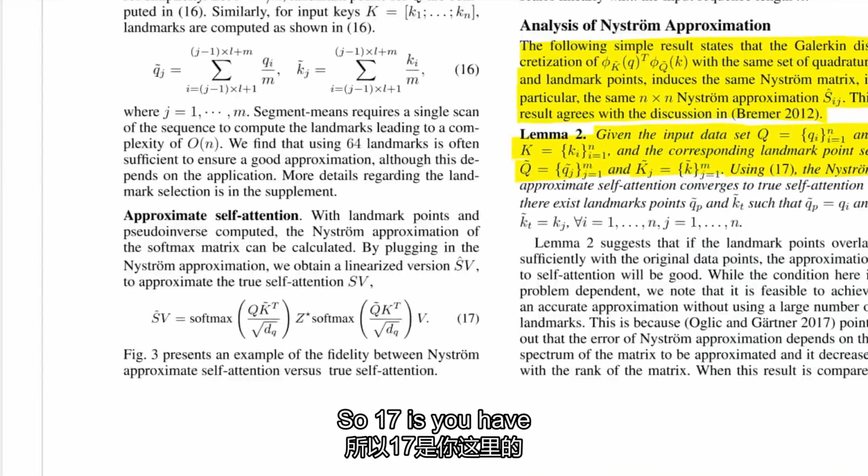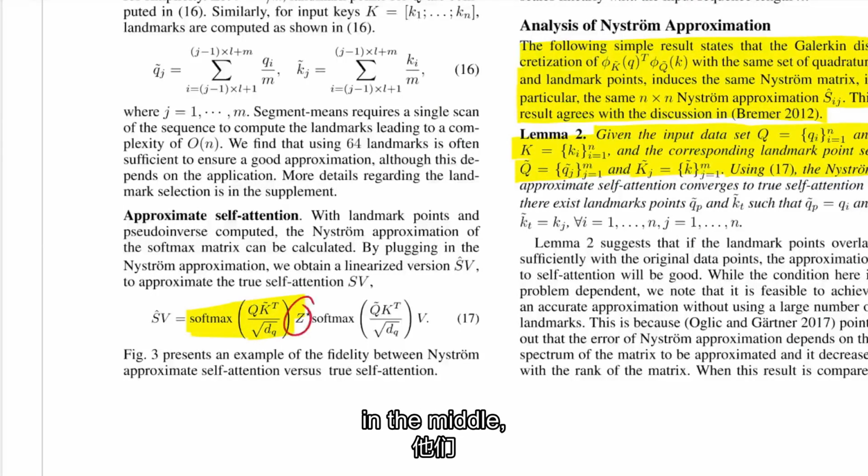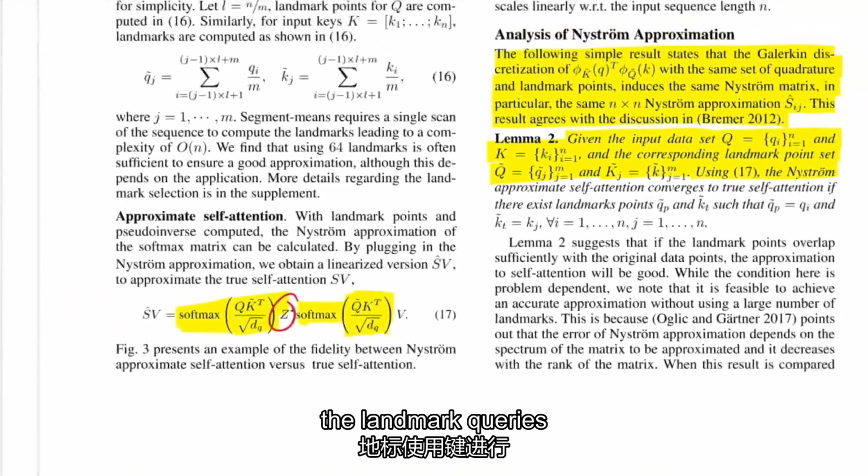So 17 is, you have the softmax here, then this is this inverse in the middle, and they have a way of doing this pseudo inverse on kind of GPU. And then this is the other, the landmark queries with the keys.